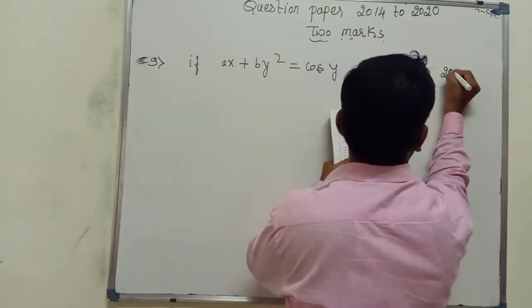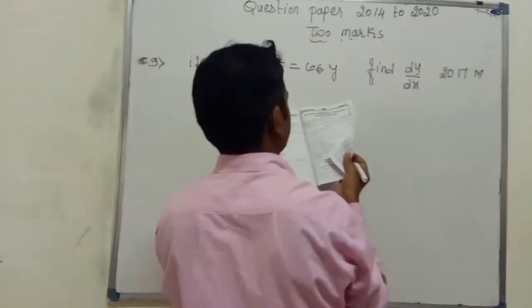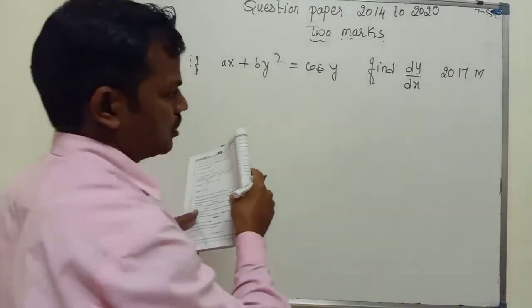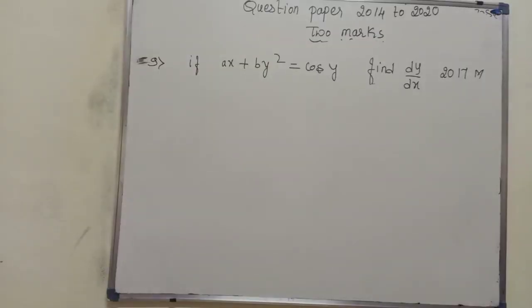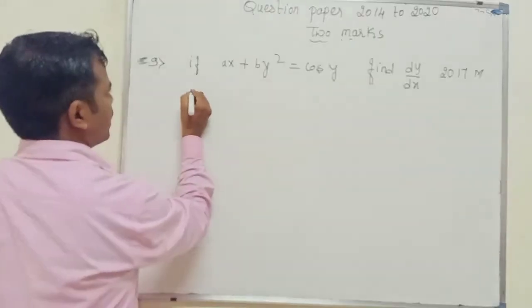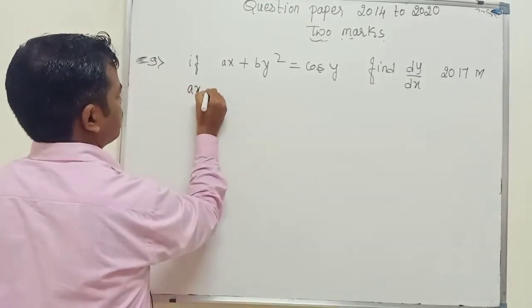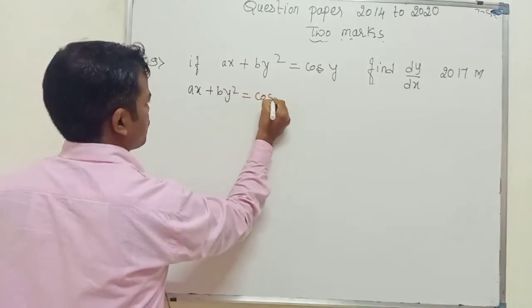That is 2017 March. So let's see here. What they have given is (ax + by)^2 = cos y.